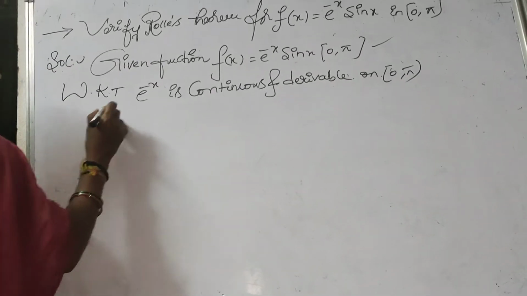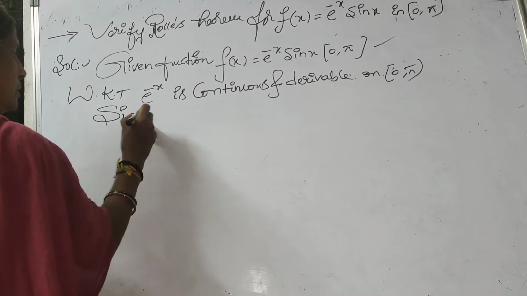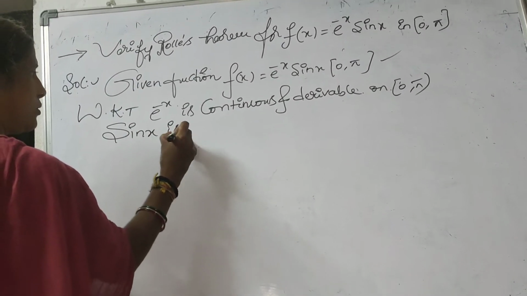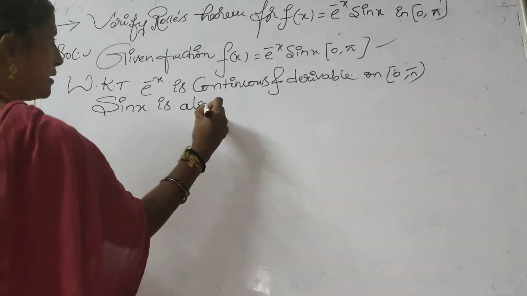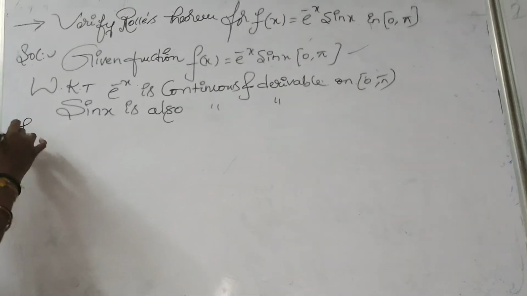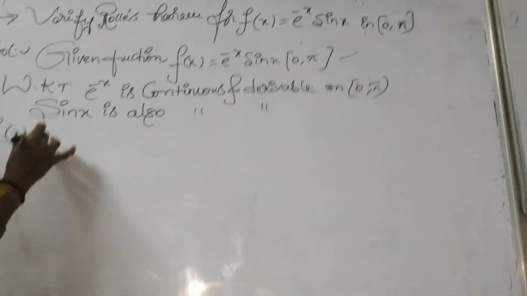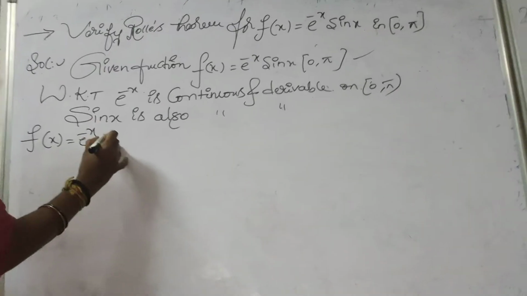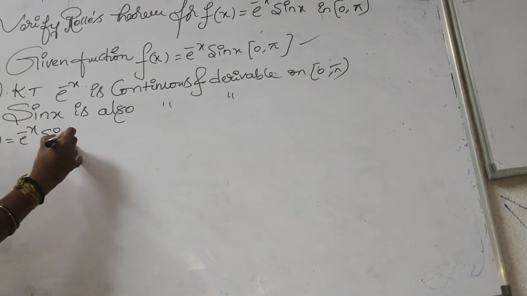Then sin x is also continuous and derivable. Therefore, now given function f of x equals e power minus x sin x.